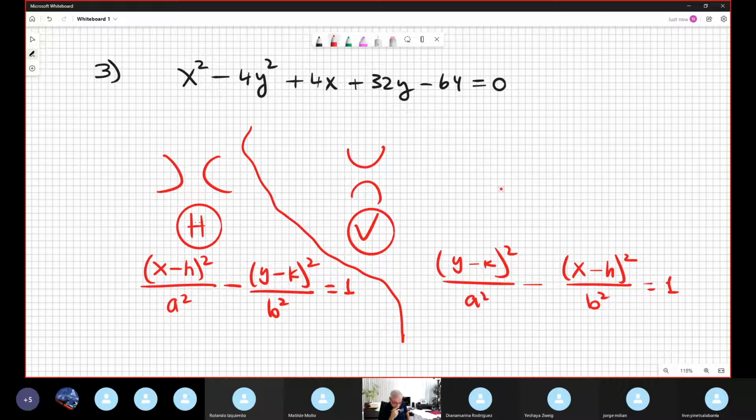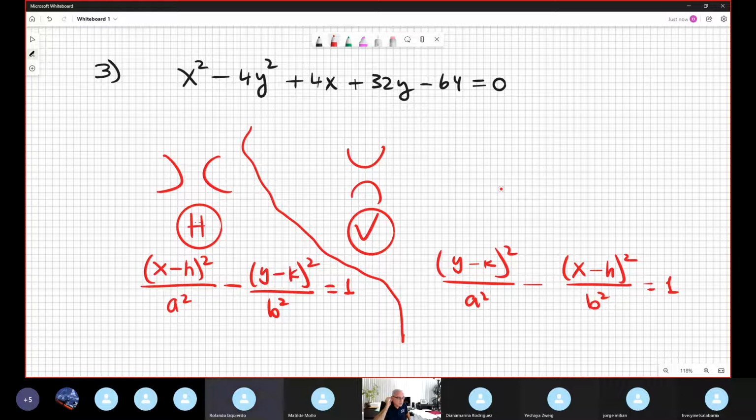Come on, help me. Remember, review. We saw that part in the lecture. Horizontal? Why? I agree with you, but why? What is the reason? Because it's x that's getting subtracted with y squared. X is positive, y is negative.